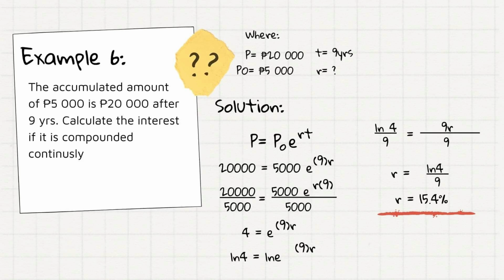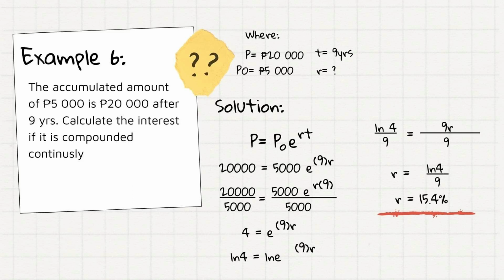So ln e is crossed out, and the 9R goes down, and what happens is ln 4 is equal to 9R. We will divide both sides by 9, so that what is left on the other side is R. And what happens is R is equal to ln of 4 divided by 9.